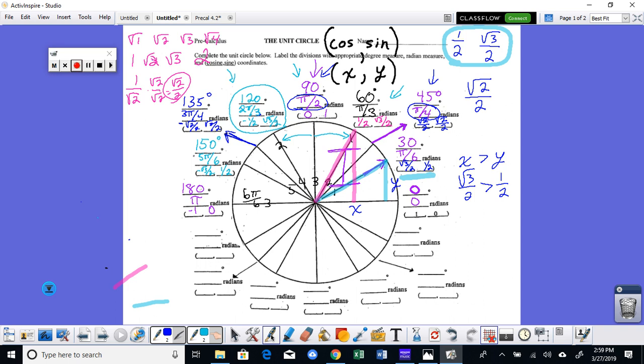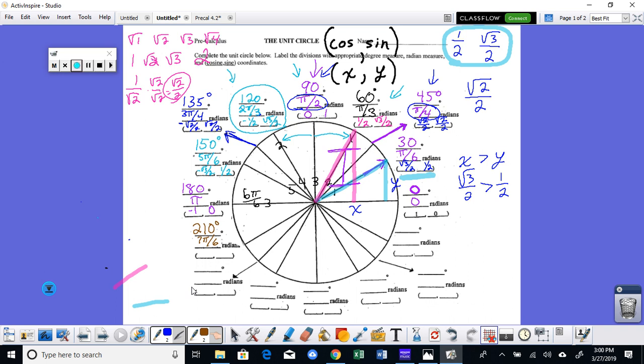All right, we just filled out quadrants 1 and 2. Any questions? Do you see the pattern? All right. First line down, closest to the x-axis: 30, 60, 90, 120, 150, 180, 210. 1 over 6, 2 over 6, 3 over 6, 4 over 6, 5 over 6, 6 over 6, 7 pi over 6.